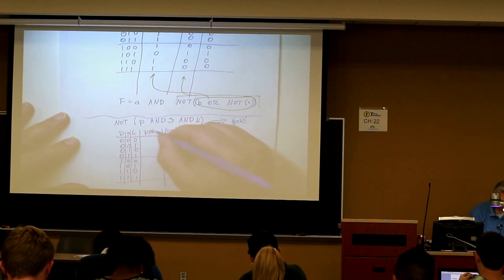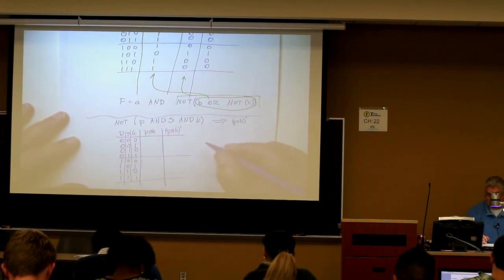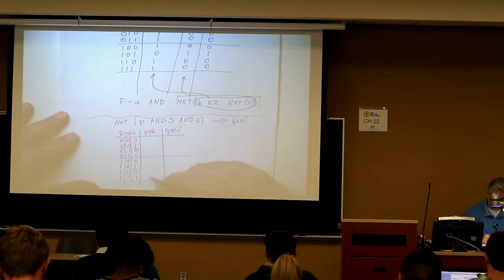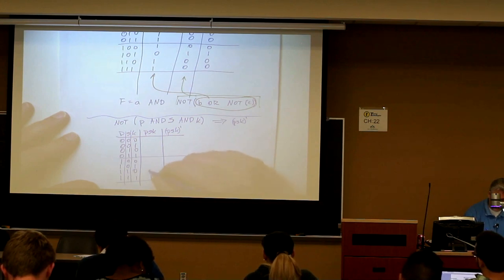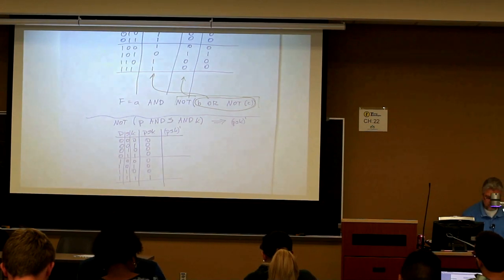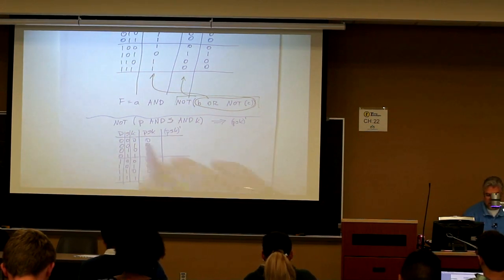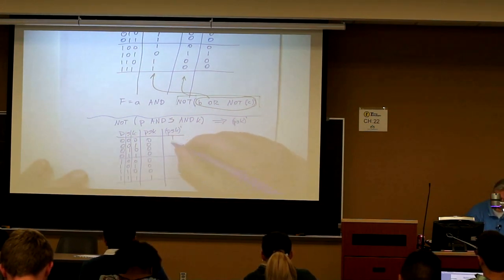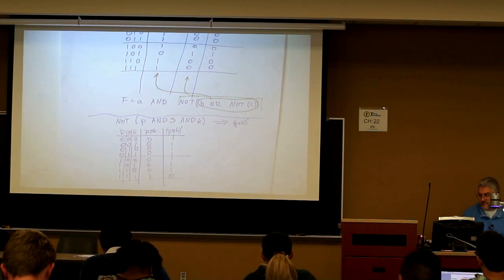So P and S and K, really, which line is this? It's only that one, right? Everything else is going to be 0. But the not of that would be everything is 1, except for the last one.